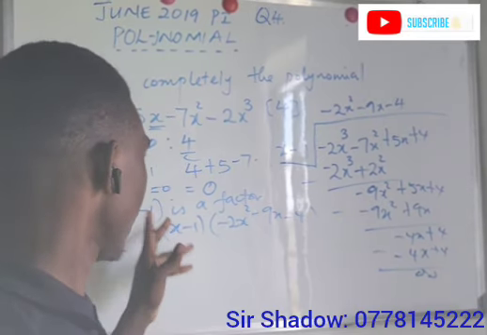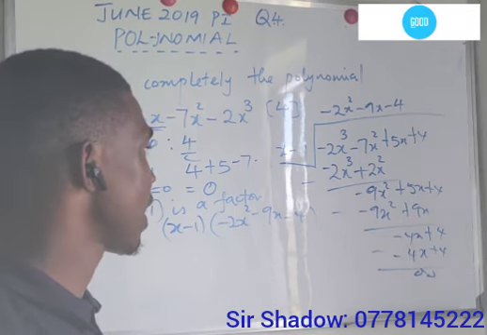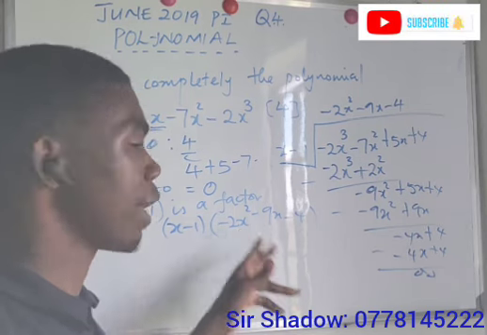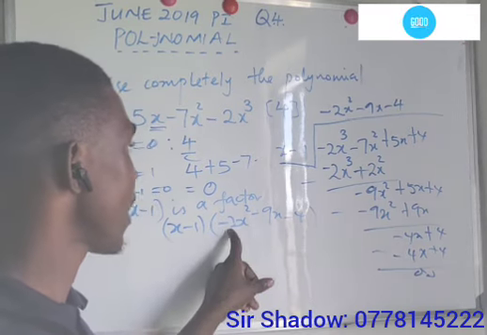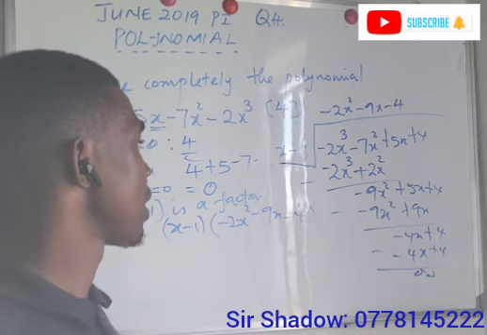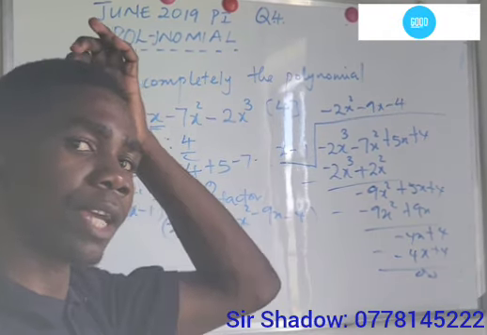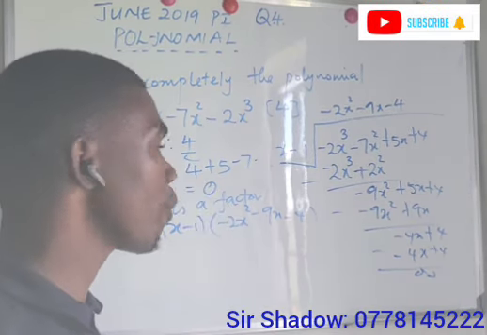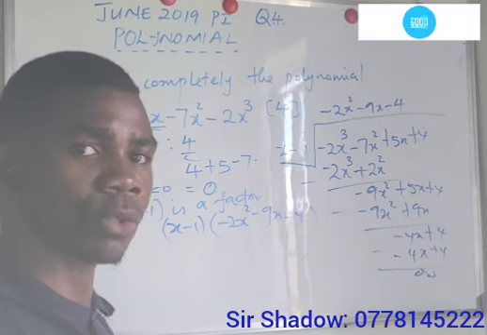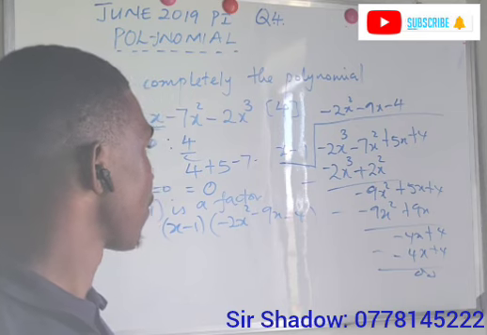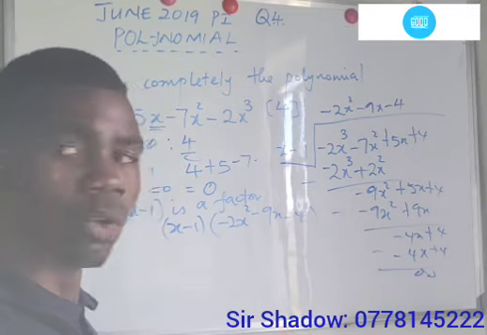Factorizing minus 2x squared minus 9x minus 4, first we multiply minus 2x squared times plus 4, which is minus 8x squared. Then we find factors of 8 which multiply to give 8 and add to give minus 9, which is minus 8 and minus 1.